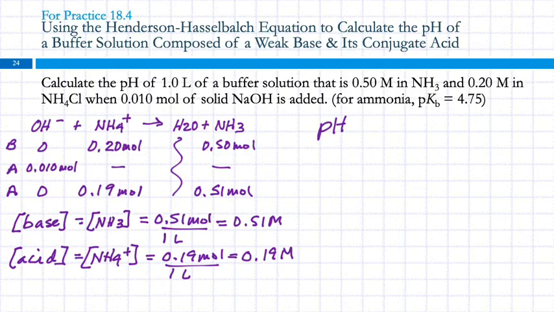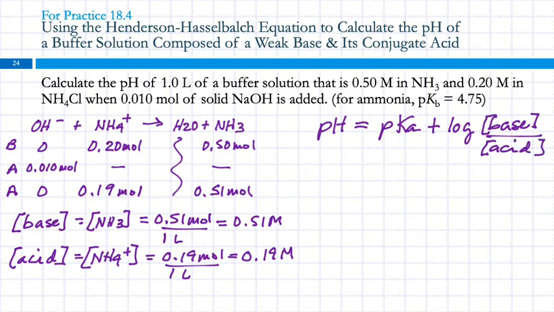Henderson-Hasselbalch equation: pH equals pKa plus the log of the base over the acid. What's pKa? Yeah, it's 14 minus 4.75. So pKa equals 14 minus pKb.